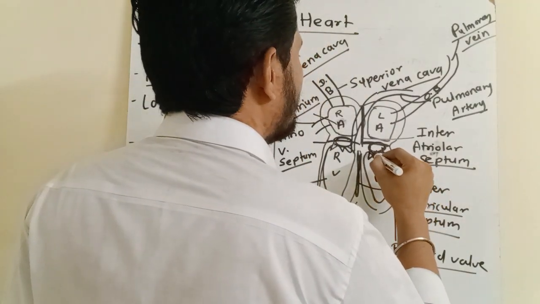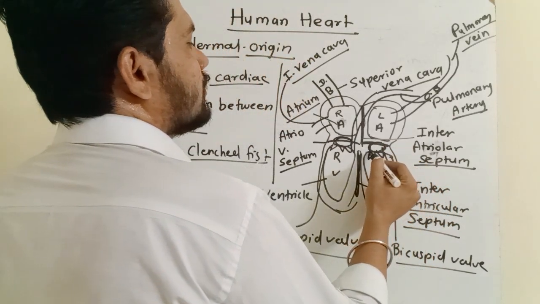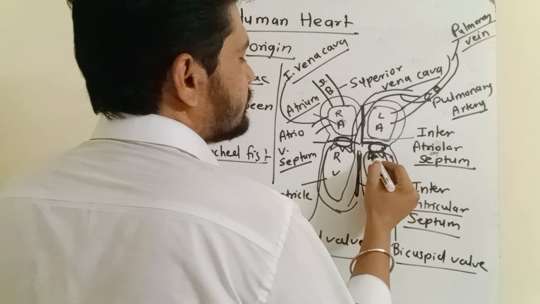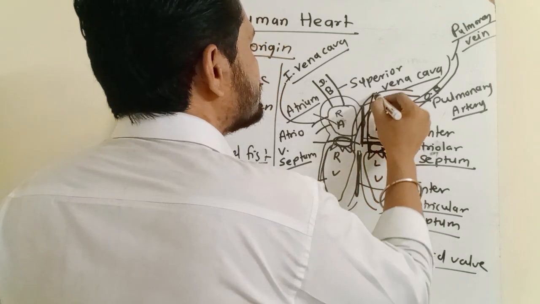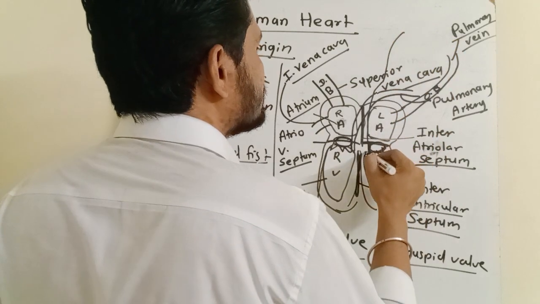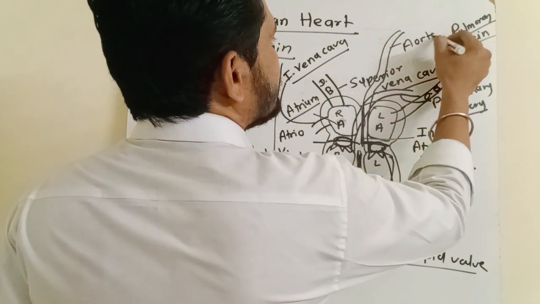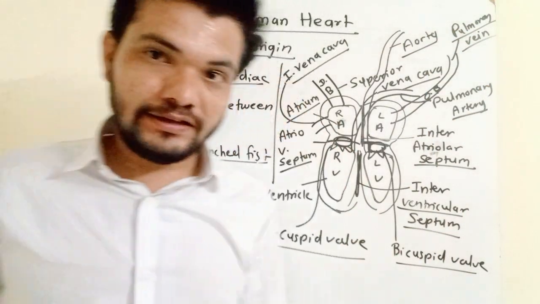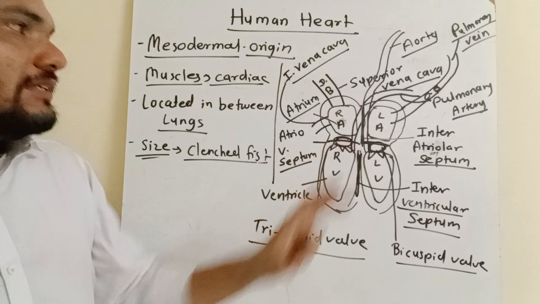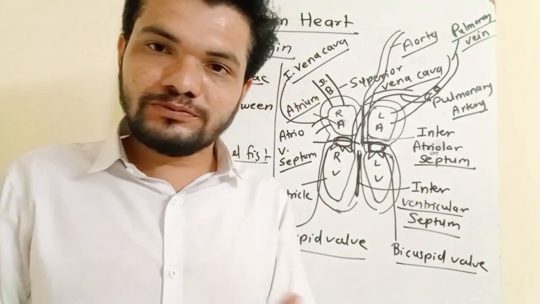So the aorta transports the blood towards the body like this. This is the aorta, let's say. Okay, so this is all about the human heart. I hope it is helpful to you.